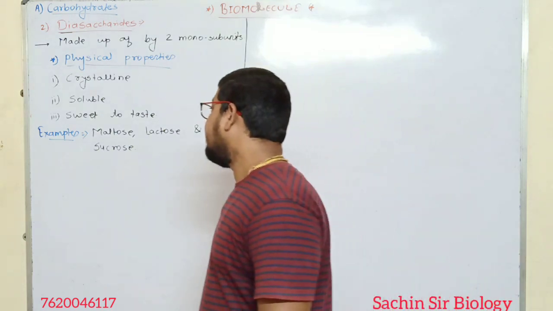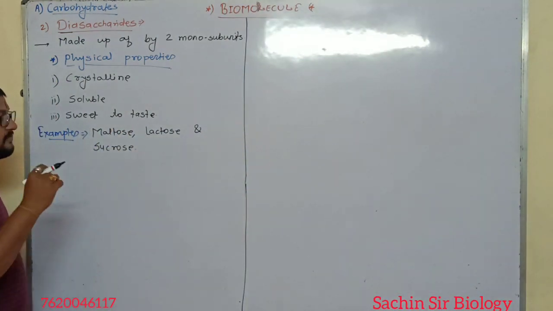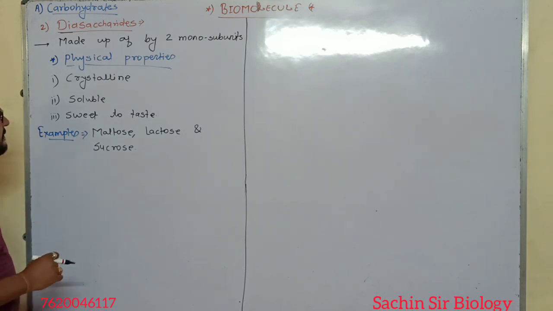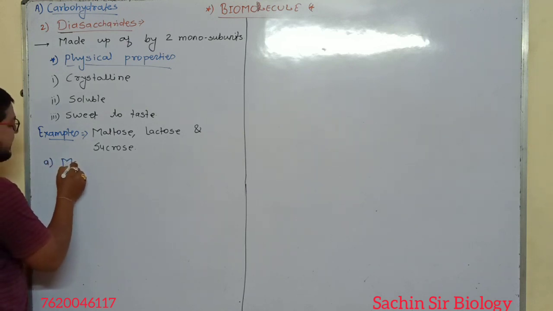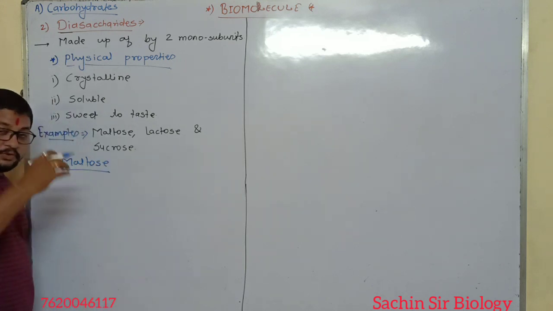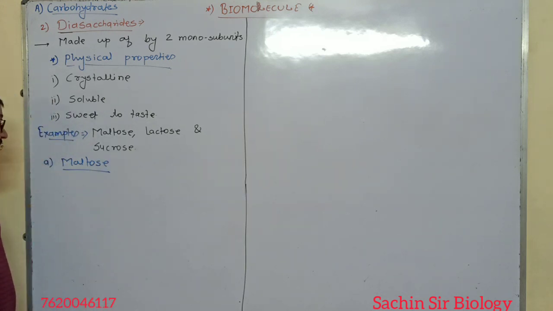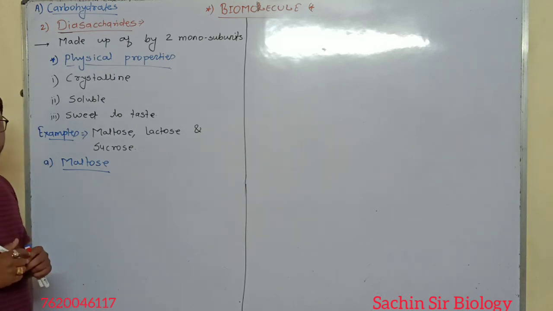So let us first start our study from the first example, that is called maltose. Maltose is a disaccharide and it is made up of two mono subunits.